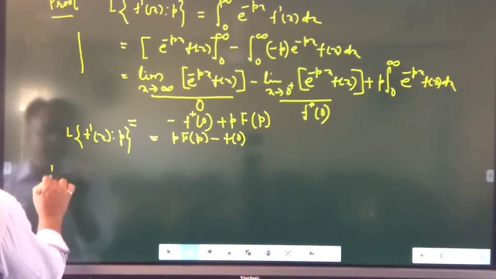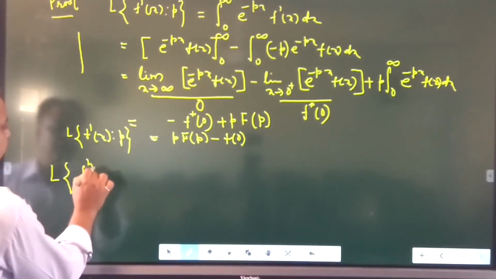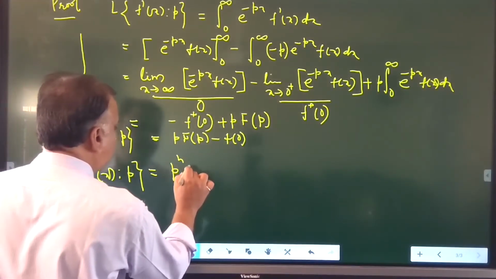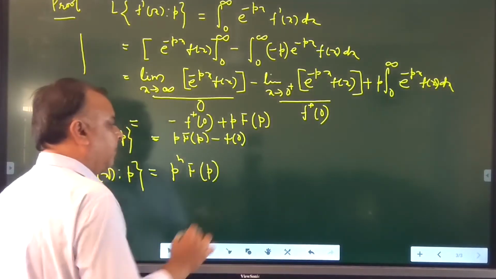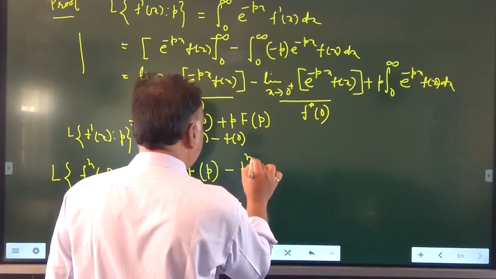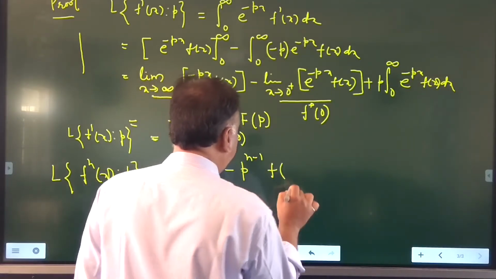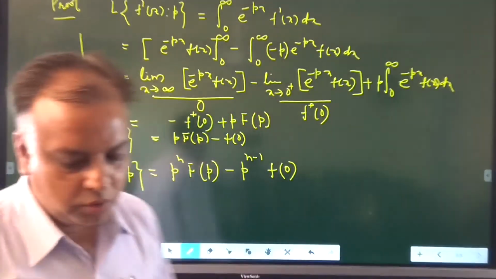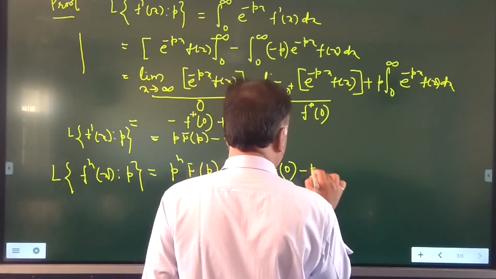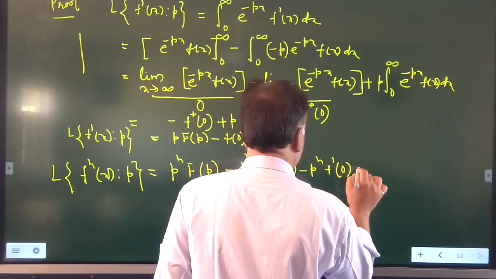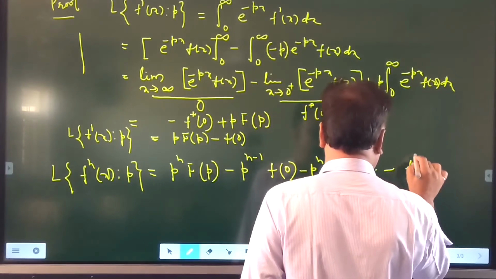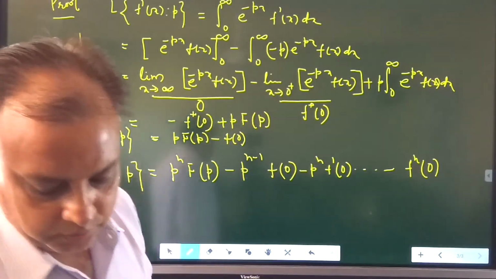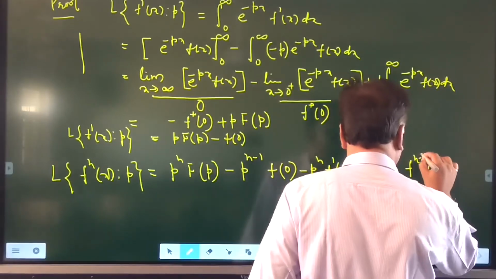If we generalize this, we get the Laplace transformation of f^n(x) with respect to p is equal to p^n F(p) minus p^(n-1) f(0) minus p^(n-2) f'(0), and so on, and the last one is f^(n-1)(0).